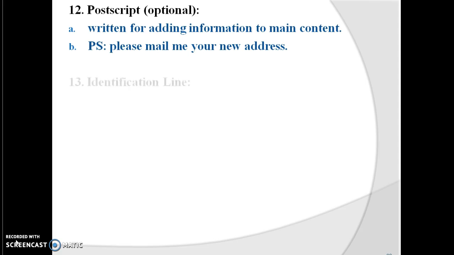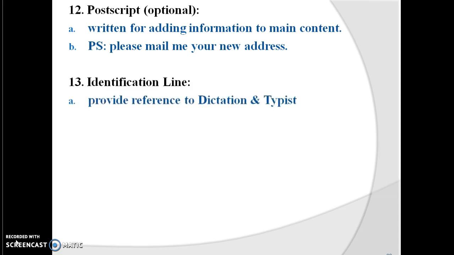Okay. Now after this, the 13th element is the identification line. Sometimes the person who writes the letter is the one who dictates, and the identification line is included to provide a reference to the person who dictated and the person who typed it. It is written as NHG/PD.